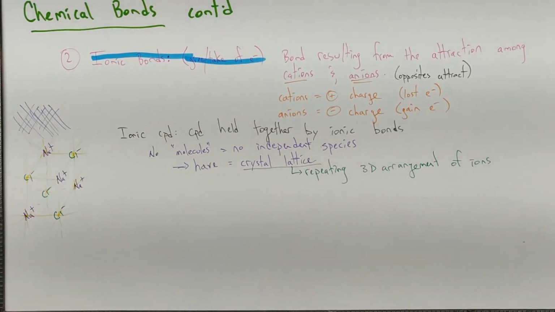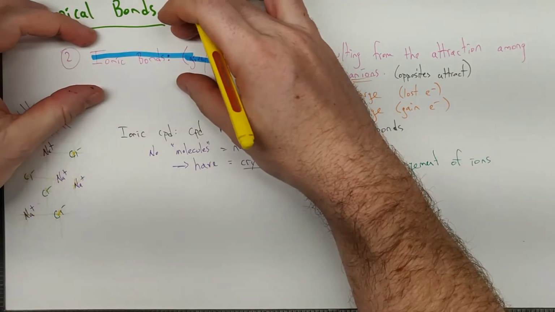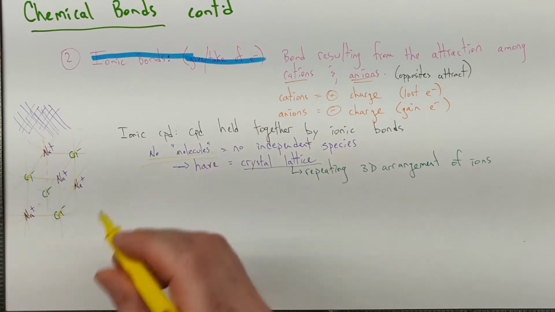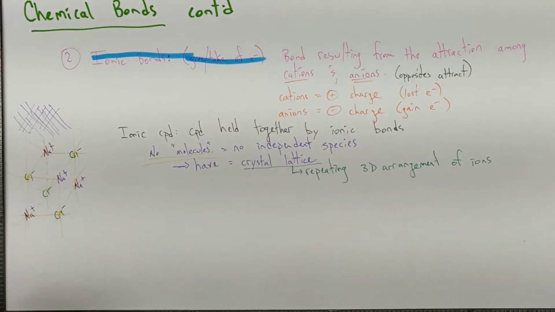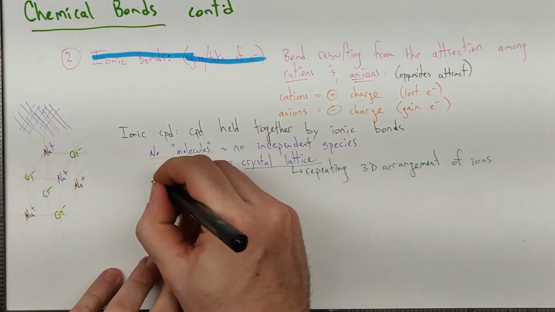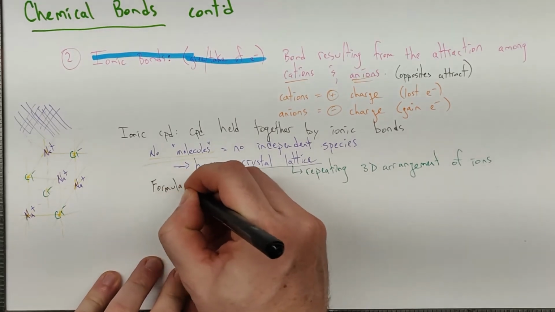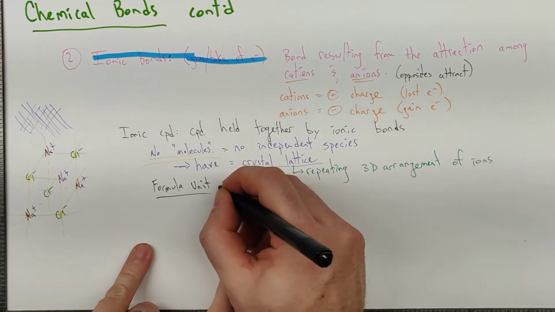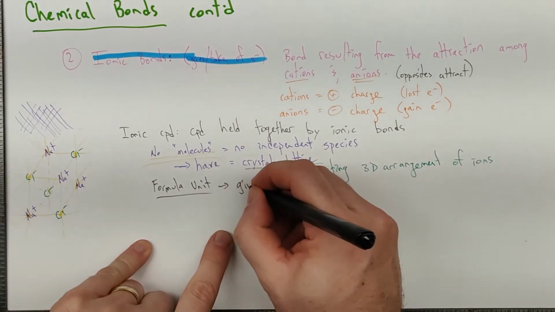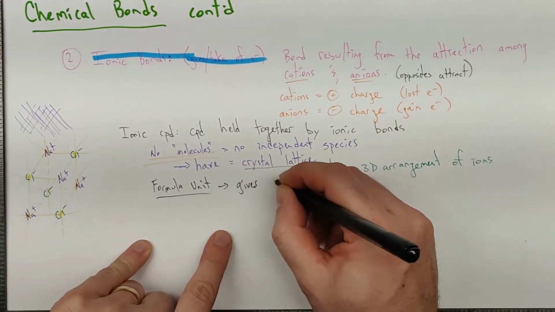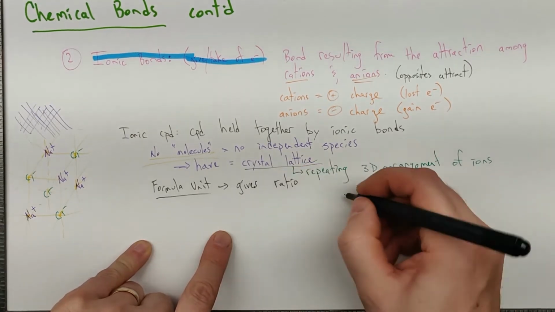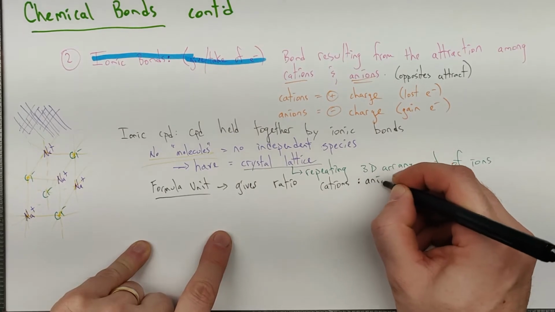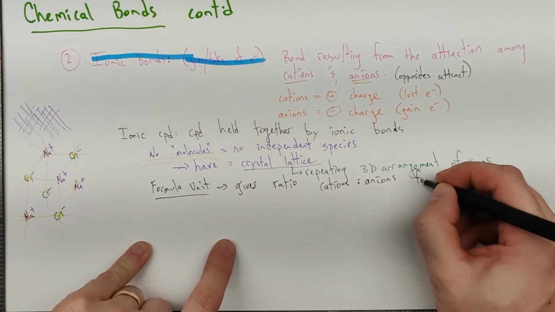All right. So I find that very interesting, the idea that when we talk about ionic compounds, we don't talk about molecules. All right. What we will talk about is a formula unit, right? And all that is a ratio, right? So it just gives a ratio of cations to anions for some ionic compound.